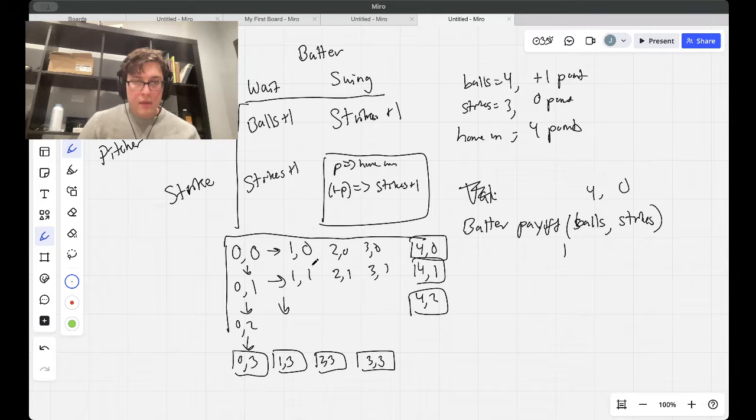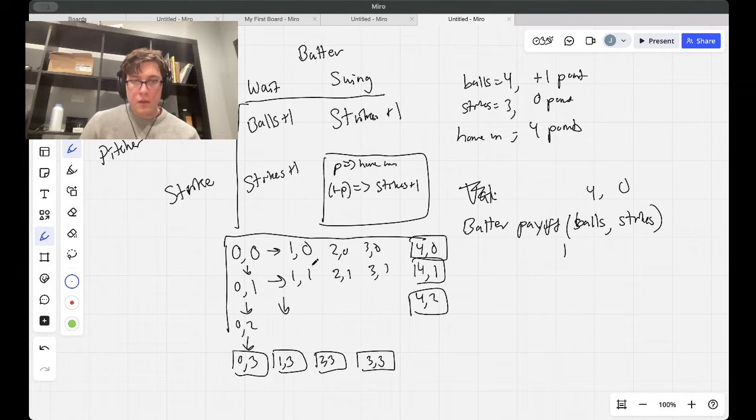So I'm going to say that y times BP, the batter payoff, of balls plus 1, strikes, plus 1 minus y times BP of balls, strikes plus 1, is equal to y times BP of balls, strikes plus 1, plus 1 minus y times, and then here's where it's slightly more complicated.